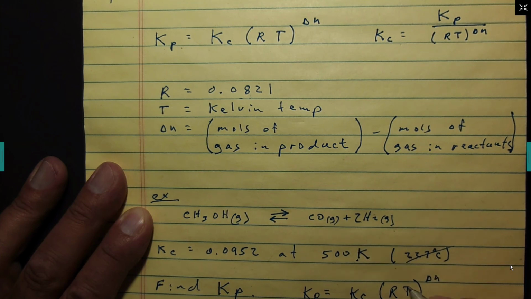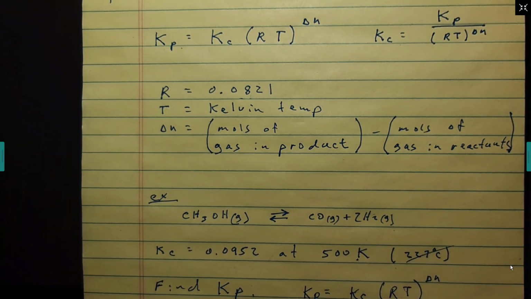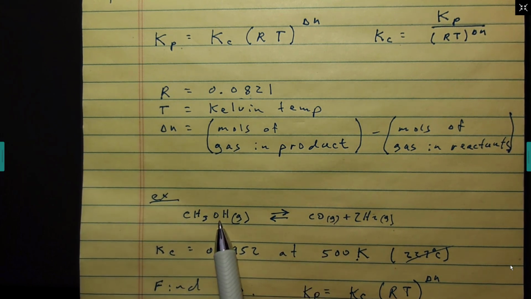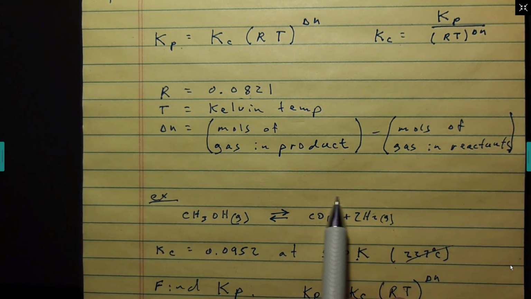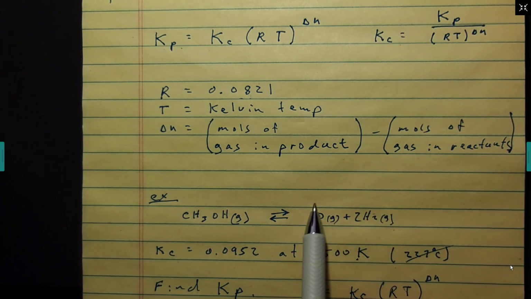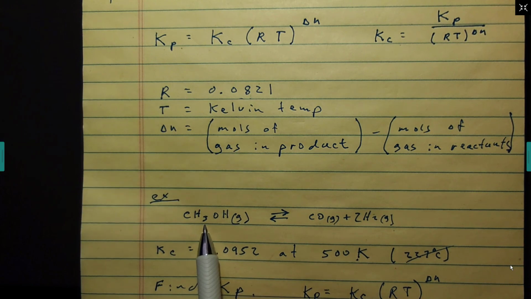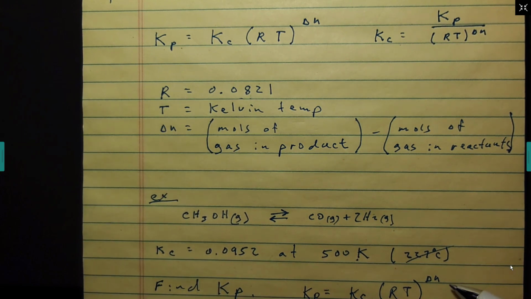The delta N here is moles of gas in the products minus moles of gas in the reactants. In my products I have 1, 2, 3 moles of gas. Starting materials, 1 mole of gas. So 3 moles of gas minus 1 mole of gas. Delta N is 2.